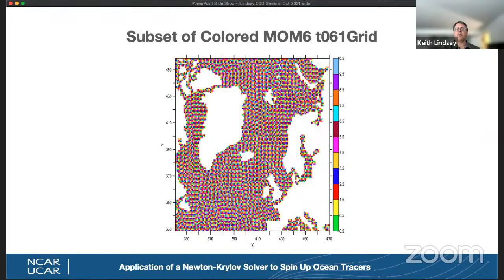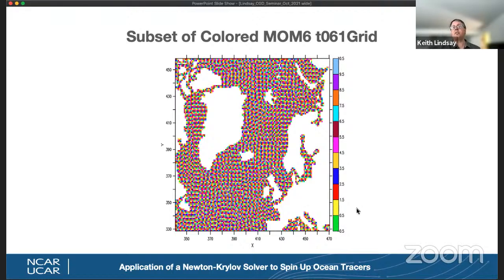It turns out that the MOM 2/3 degree grid, with the periodic boundary condition zonally and the seam on the northern boundary condition, you can color with 11 different tracers instead of hundreds of thousands of tracers. So here, each color represents an IRF tracer and represents an impulse at that location for that tracer.